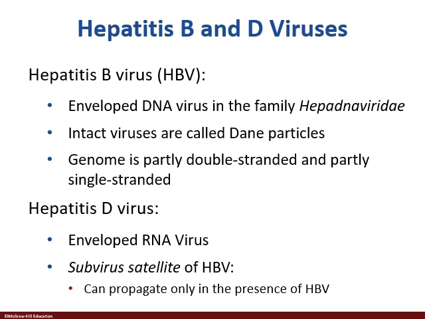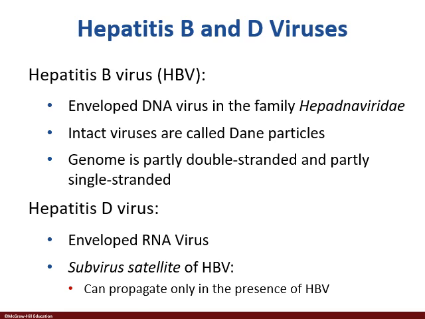Hepatitis D is a special type of RNA virus. D can only get into and do its thing in a cell that's already infected by hepatitis B virus. They call this a co-propagation.